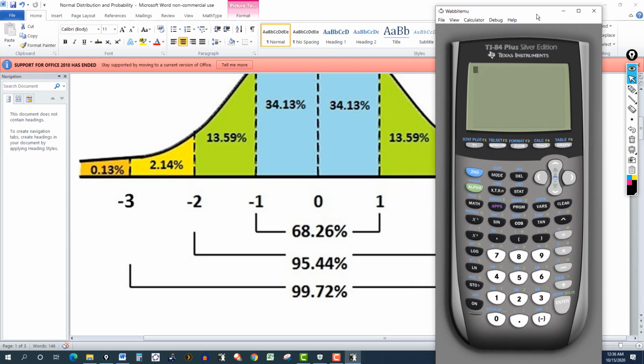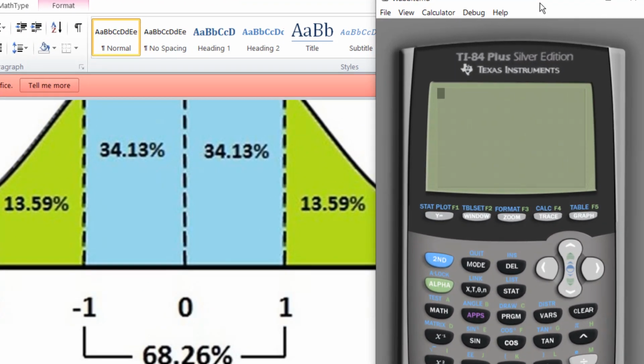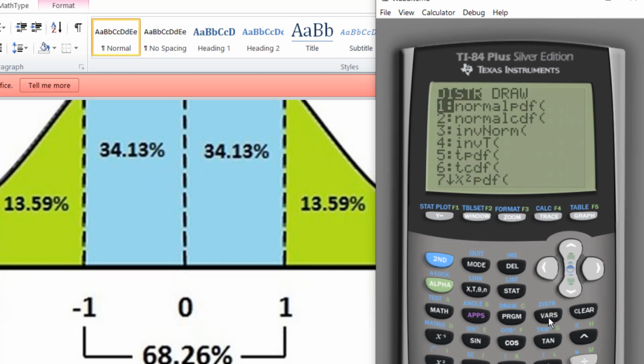Let's suppose I wanted to work the problem without using this diagram here, without using a table. Then I would go to the calculator and hit second, then this right here, distribution. And I would use this function right here, normal CDF, cumulative distribution. So I hit number 2.